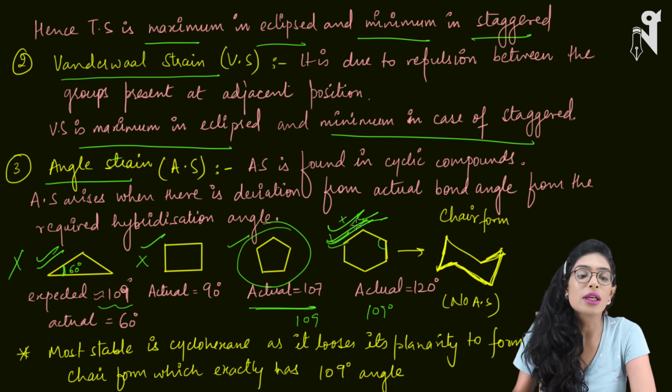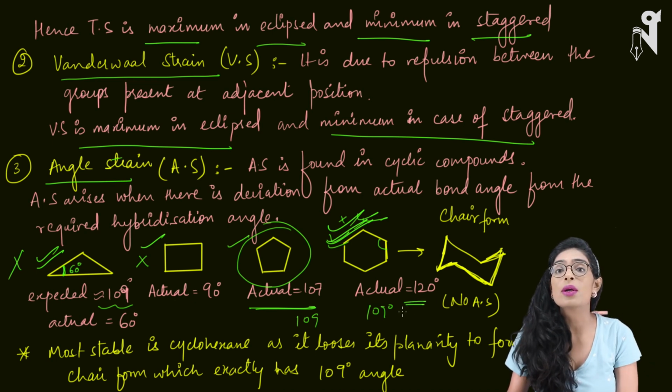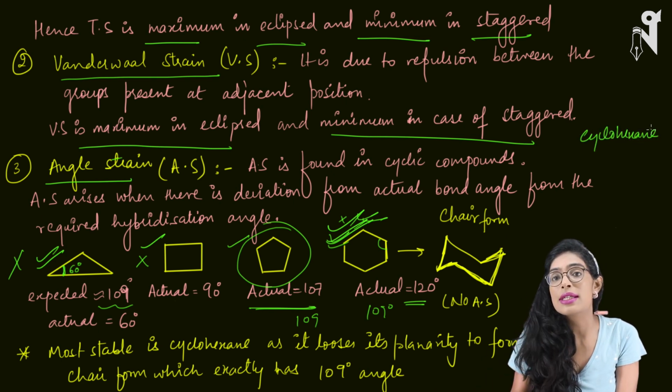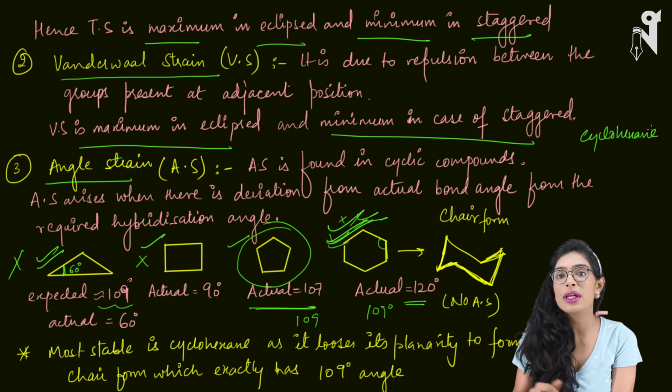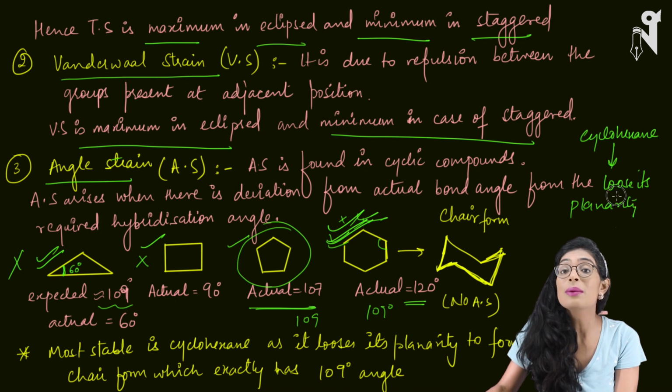Why? Because it looks like the angle should be 120 degrees, but what happens with cyclohexane is that the bonds between carbon and carbon rearrange themselves in such a way that cyclohexane tends to lose its planarity. It's not in plane anymore, and it takes a new shape.